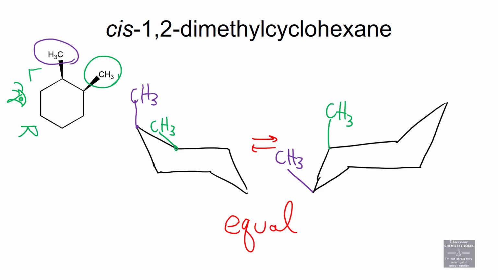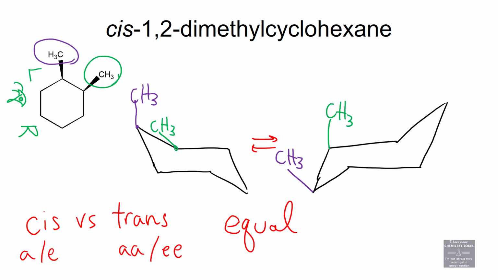So since we drew 1,2-dimethylcyclohexane, the cis isomer and the trans isomer, we can actually also compare cis to trans as far as stability. In the cis, both conformations had one axial, one equatorial. In the trans, we had an axial-axial and an equatorial-equatorial.